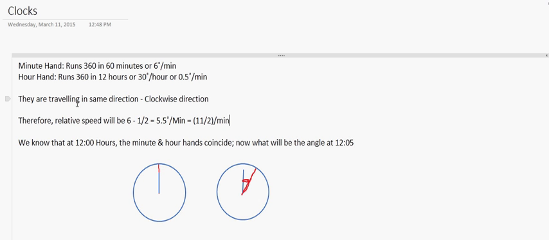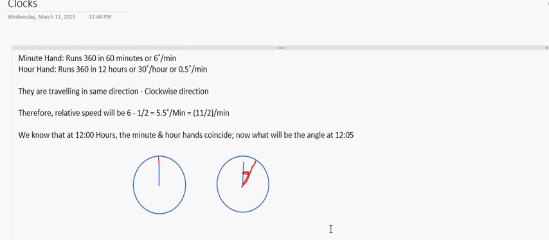So let's take an example and understand it further. For example, it's 1200 hours, which means the minute hand and hour hand are coinciding, right? They are at 12. We say that they are making a 0 degree angle. Then what is the angle when it is 12:05, right?